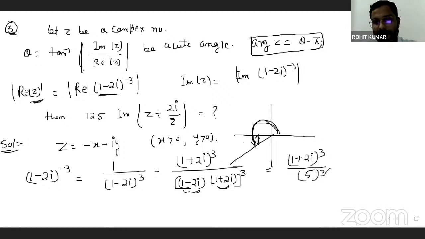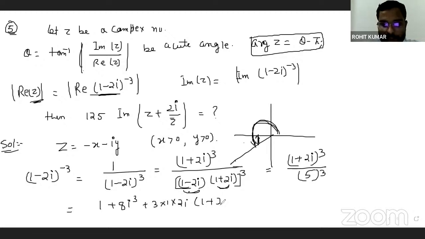So 5 power 3. So this will become 1 plus, expand this, (2i) power 3, that is 8i cube, plus 3 times 1 into 2i of (1 plus 2i), divided by 5 cube, which is 125.